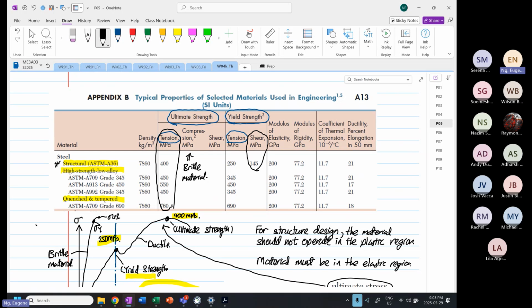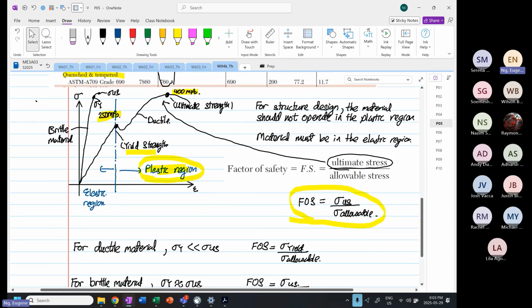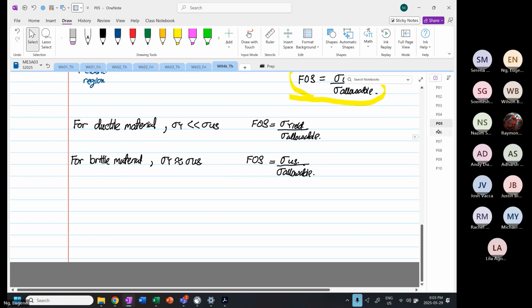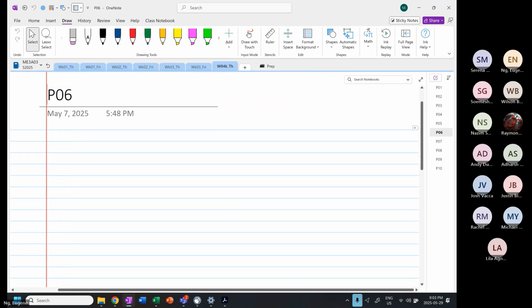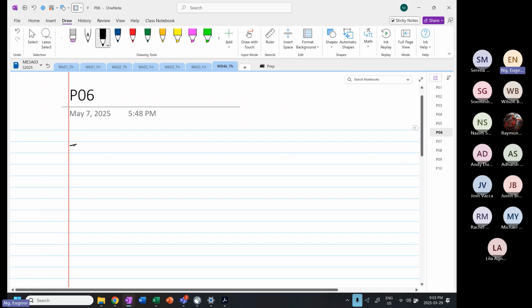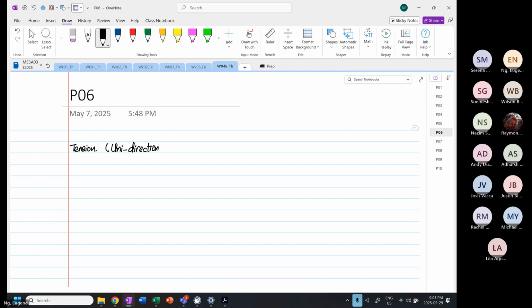Okay. So let's focus on tension. Okay, let's focus on tension. So in tension, right? What they test in tension is unidirectional. Uni means one direction.